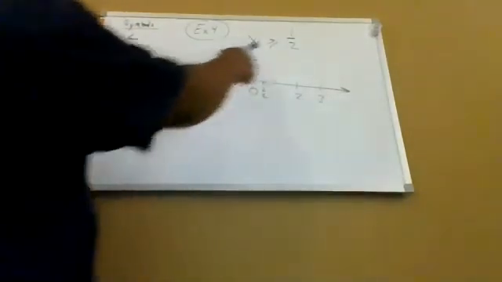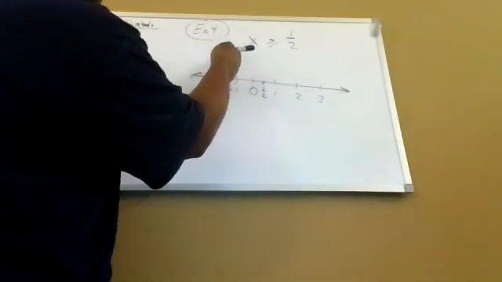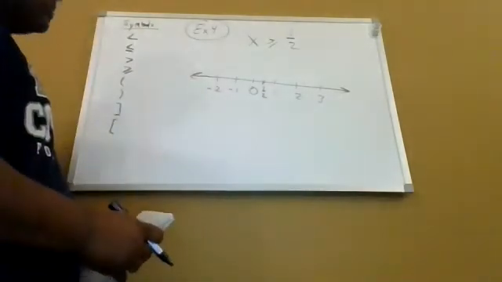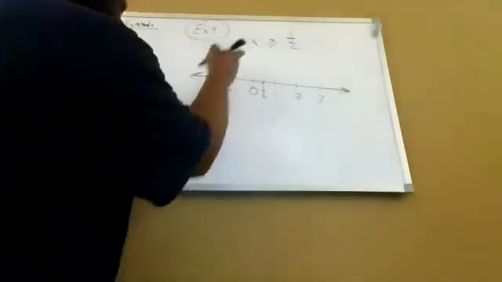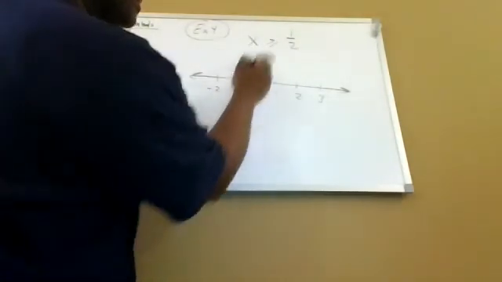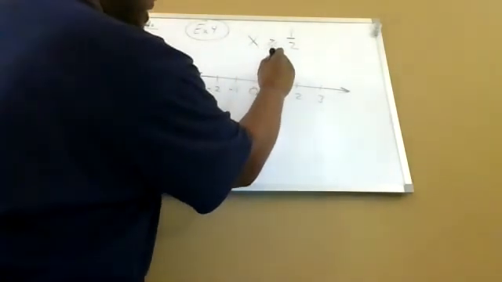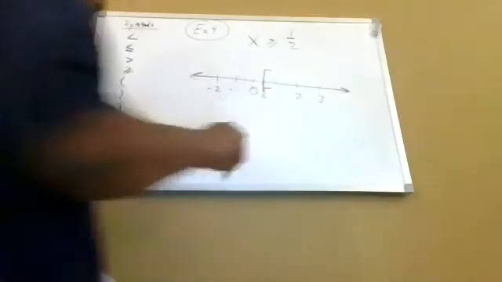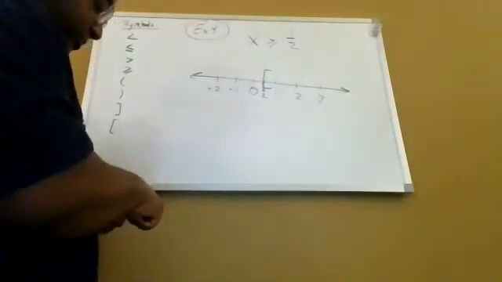All right, so our inequality says I need all the values of x that are going to be greater than or equal to 1/2. Well, since it says greater than or equal to, it's got that equal to meaning that little line right there. So I know I'm going to have that square bracket at the point x equals 1/2.